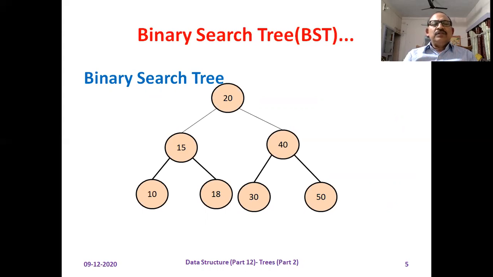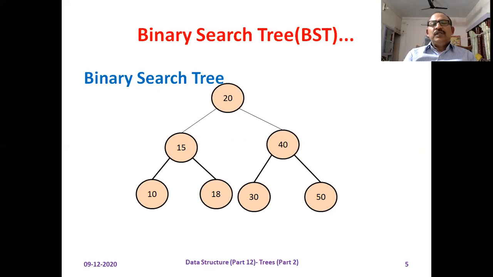And also you can see the left child of the root node 15 of the left subtree of 20, that is 10, is less than the root node 15, and the right child, that is 18, has a value greater than 15.